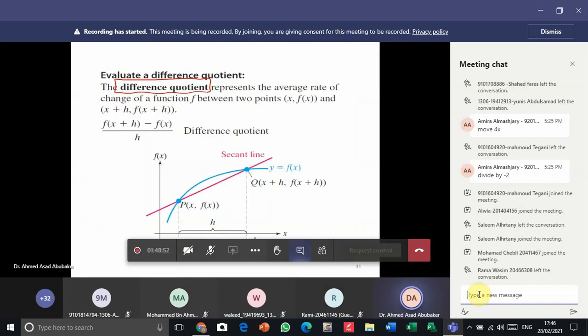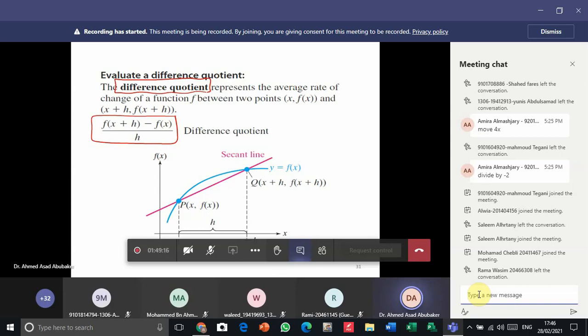How can we find the difference quotient for any function? We can find it by this formula. F of x plus h, so we need to substitute x plus h inside f, minus f of x, over h. This means difference quotient.